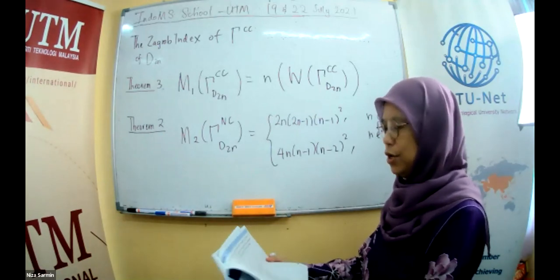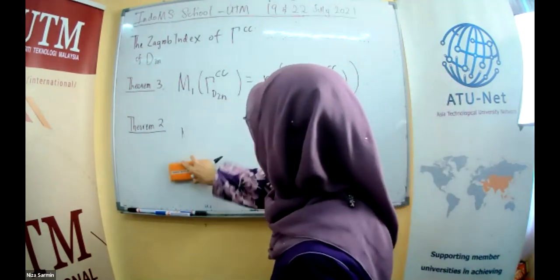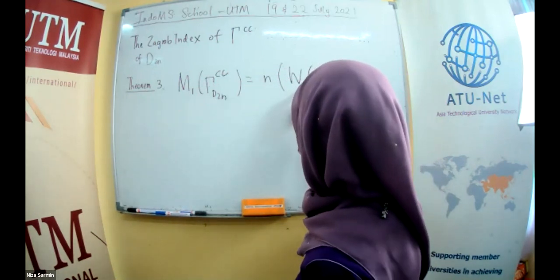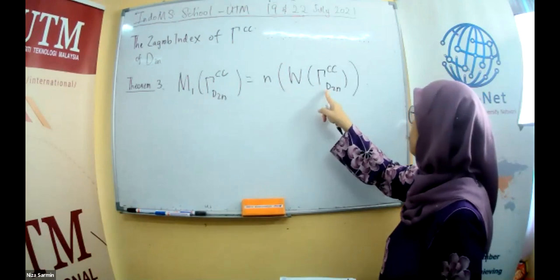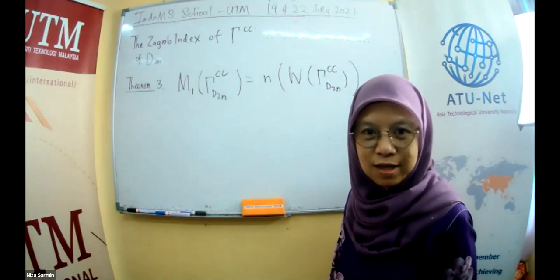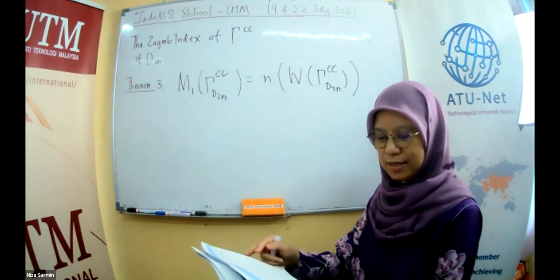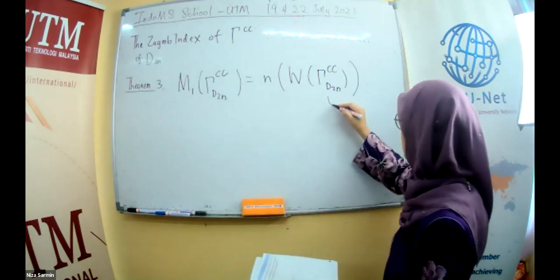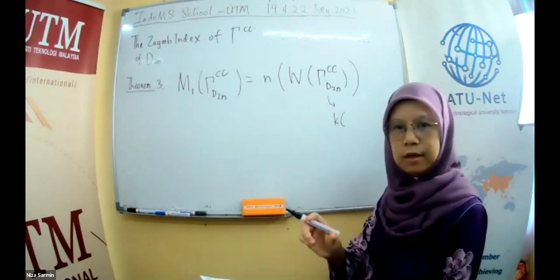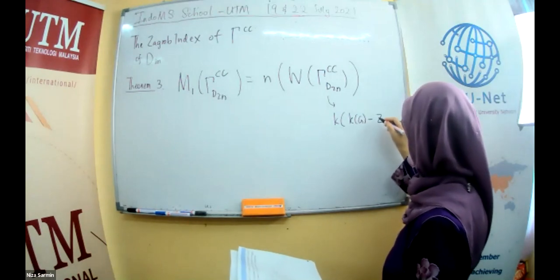Okay, so let me try and prove this one. If you remember the Wiener index of the conjugacy class graph for the dihedral group of order 2n, that was from last time. It's K, right? The Wiener index is K, that's something in the bracket, K of G minus center, right?